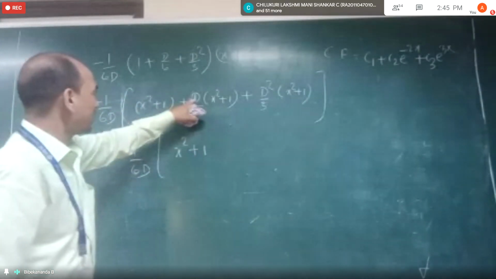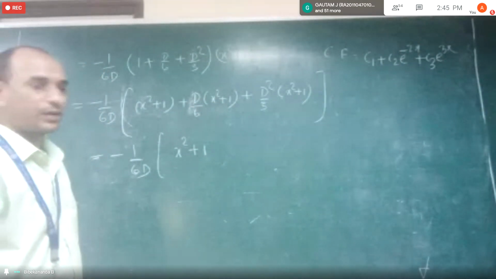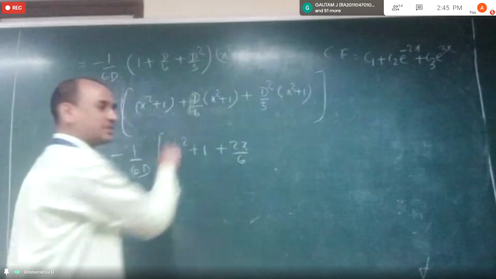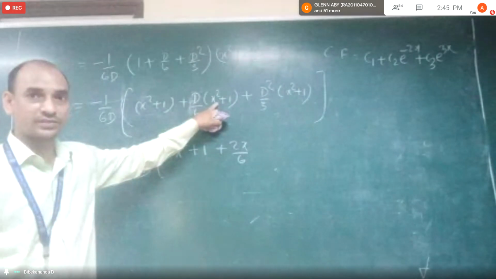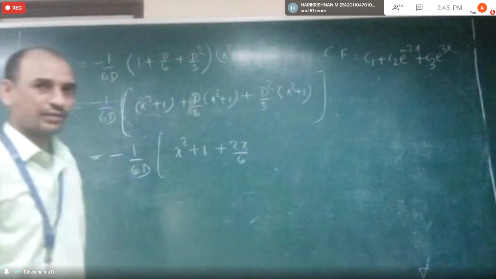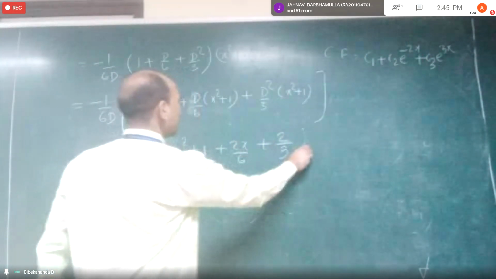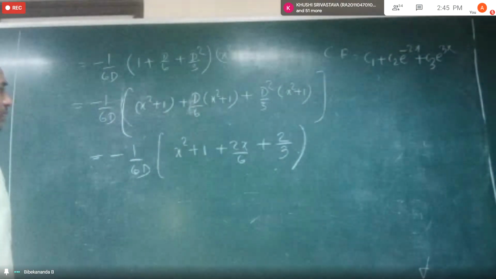Now tell me, what is the derivative of x square plus 1? 2x. So plus 2x by 6. Derivative of 1 is 0, derivative of x square is 2x. Okay. Then what is the second derivative of x square plus 1? 2. So there you will have 2 by 3. Okay.